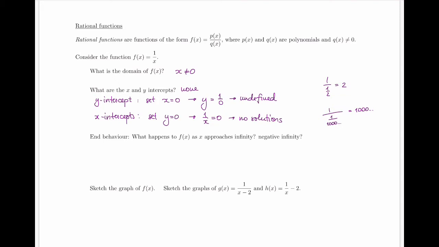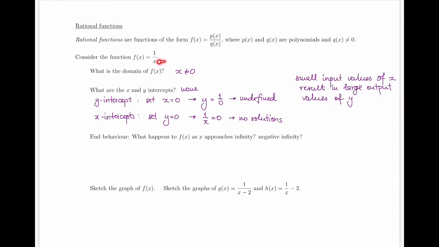And so let's record this on the side. Small input values of x result in large output values of y, and they are going to be of the same sign.